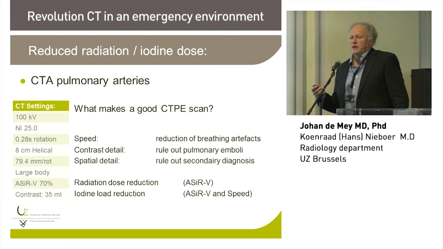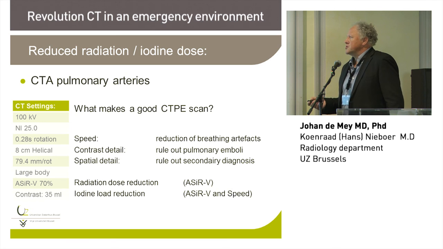And I would like to tackle the example of the pulmonary artery CT. So what makes a good pulmonary artery CT to exclude pulmonary embolism? You need speed, mainly to reduce breathing artifacts. You need contrast detail. You need spatial detail, also to exclude other pathology.